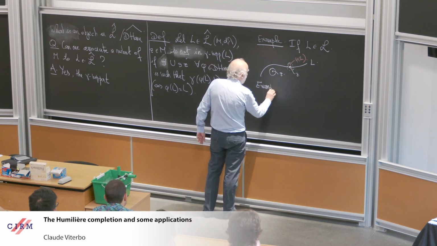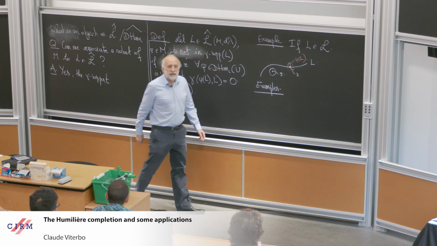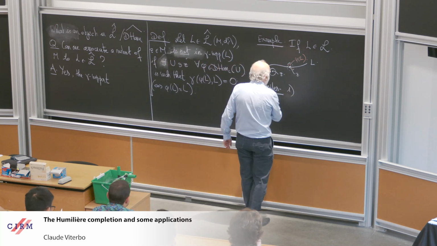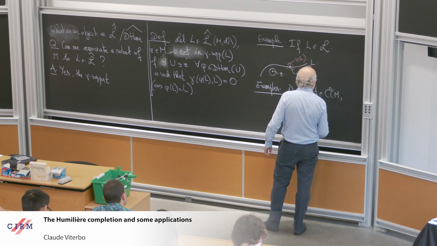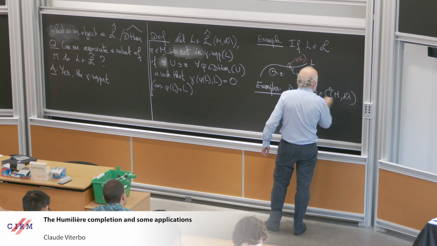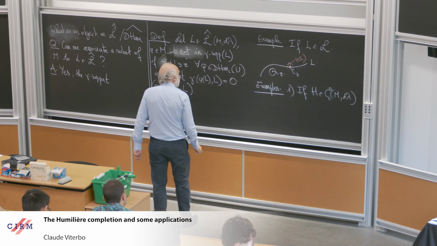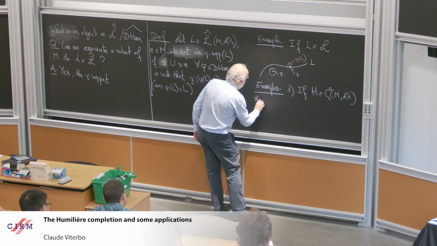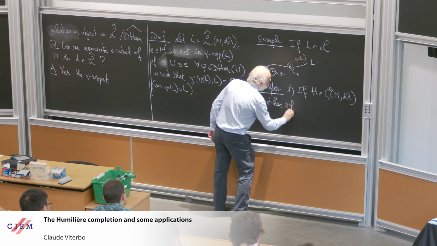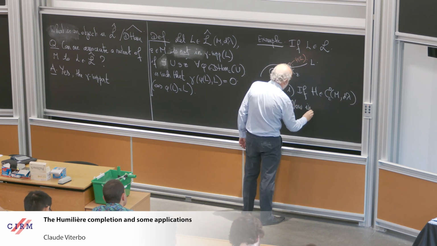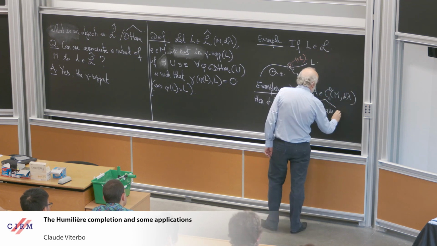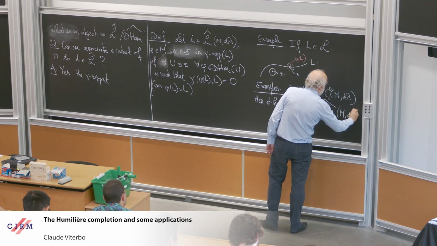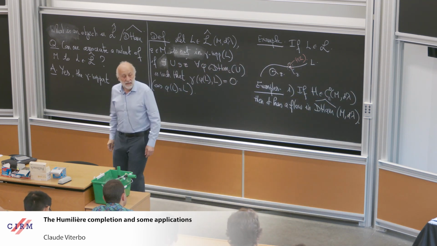So let me give some more examples of objects which naturally live in the completion. The first thing, for example, is that if H is a continuous function, let's say compact supported to make things easier, on the manifold M, then it has a flow in d ham hat of M d lambda.